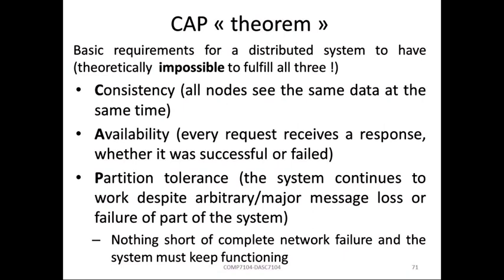So consistency, once again, means that all nodes see the same data at the same time. Availability, every request receives a response, so the system is always available. And partition tolerance, basically we have a system that continues to work, is robust even when confronted to major failures, and in particular major networking failures that may, for instance, split the system in half.